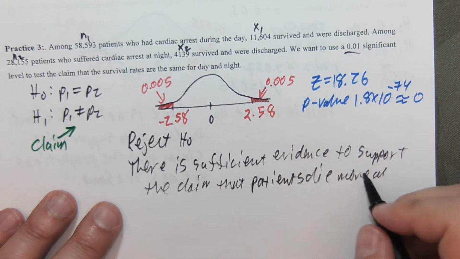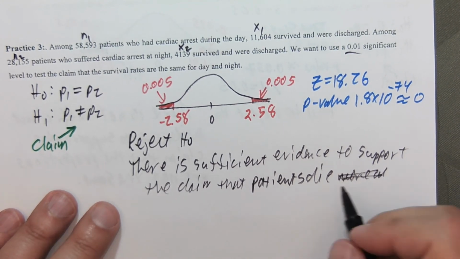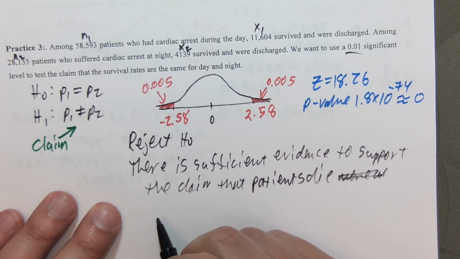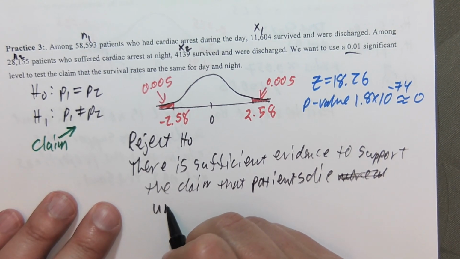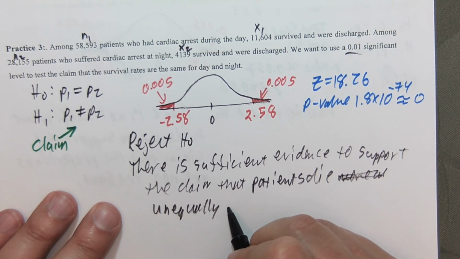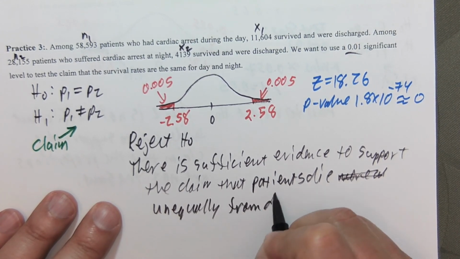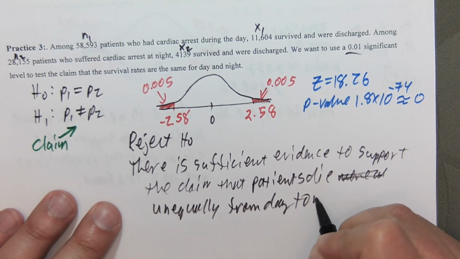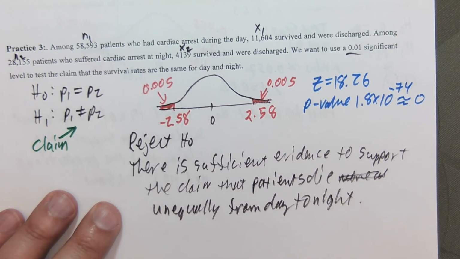I shouldn't word it that way. Die unequally from day to night. I hope that was helpful.